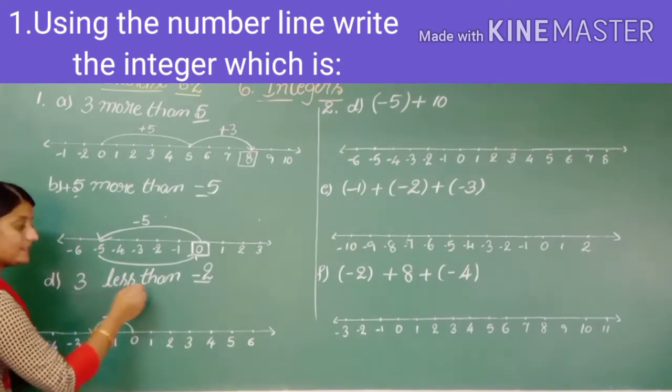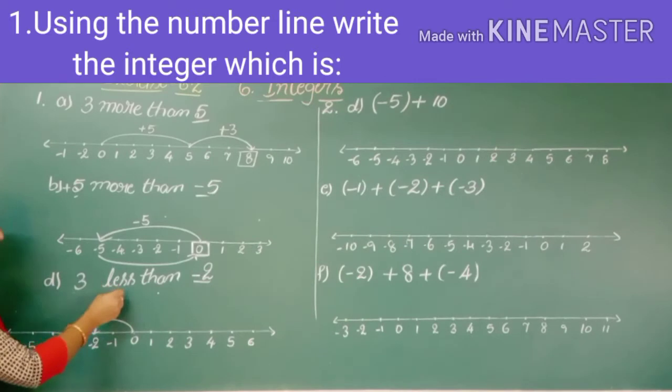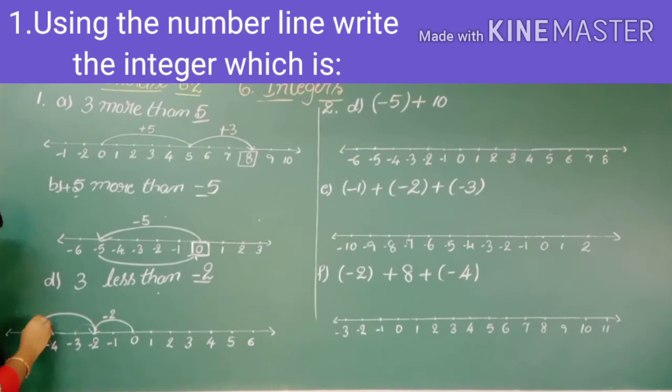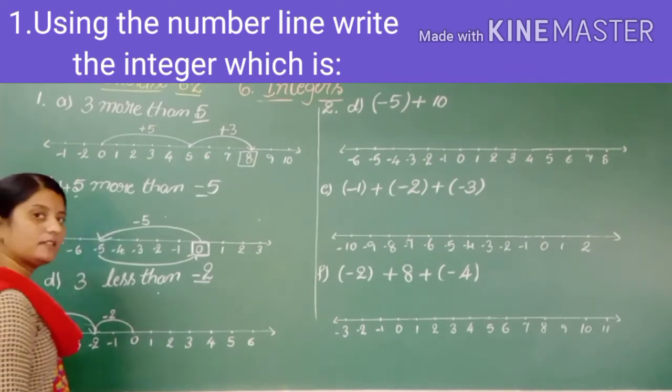And 3 less than means we have to go back 3 steps. Again from the minus 2: 1, 2, 3. Totally we have to go back that is minus 3. What answer do we get here? That is minus 5.